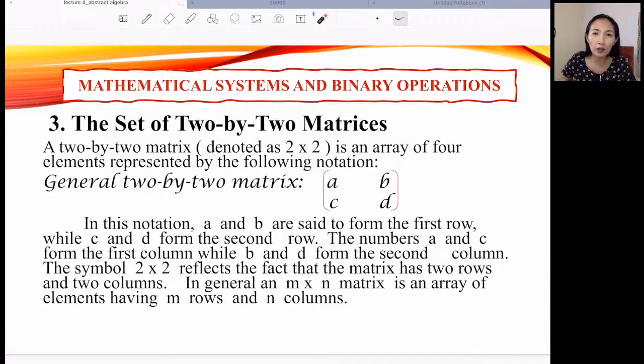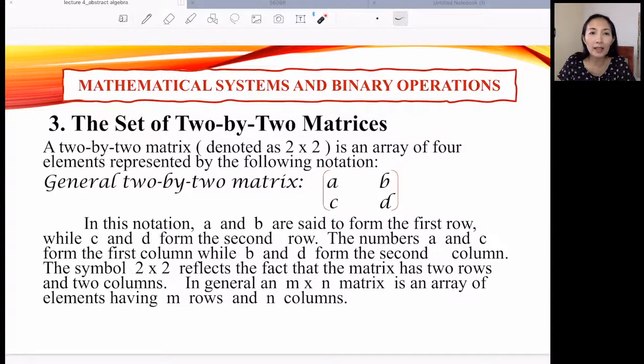Aside from the integers modulo m, we also looked into the set of permutations on n symbols. The operation is multiplication. And then we were able to show also that the operation on the set S sub n is a binary operation. So for this morning, we will continue with the set of 2 by 2 matrices.